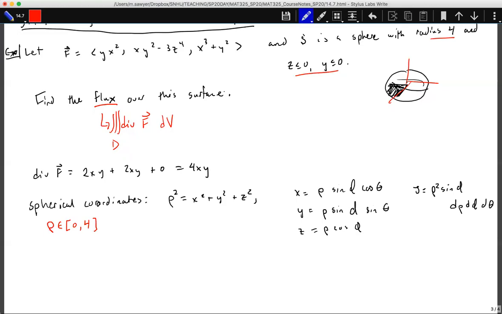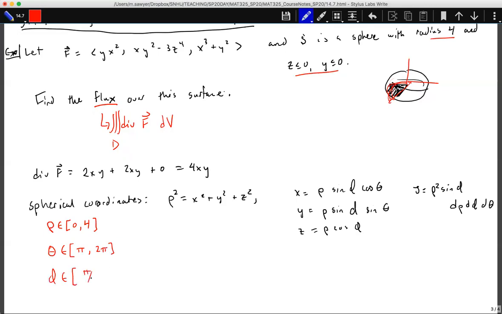However, because our y is bounded less than 0, this means that our theta has to be bounded by a lower bound of pi and upper bound of 2 pi, because our y is the back half of the sphere. And then our z is bounded below, so that means that our phi has to be underneath the halfway mark.